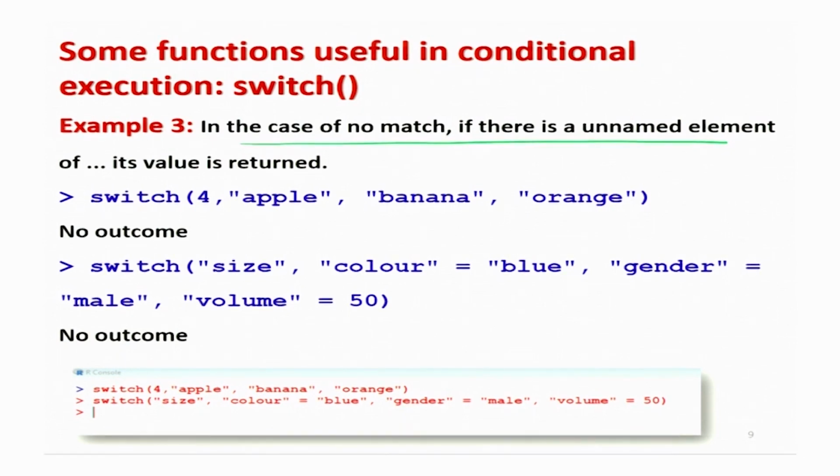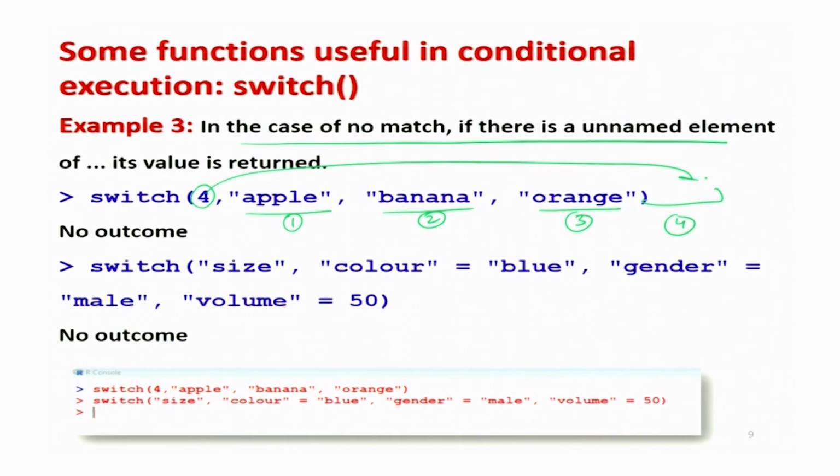In the same example where I took apple, banana and orange, I try to write 4. Apple is at position number 1, banana at 2, orange at 3, and at the 4th there is nothing, so there will not be any outcome.